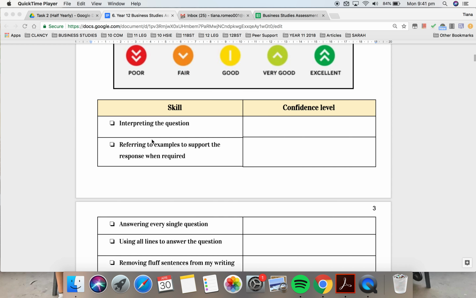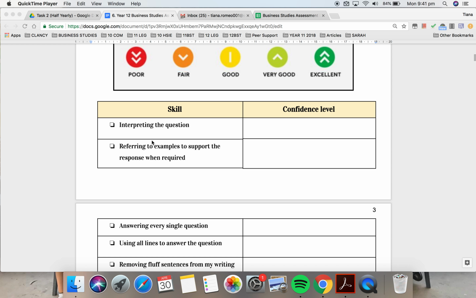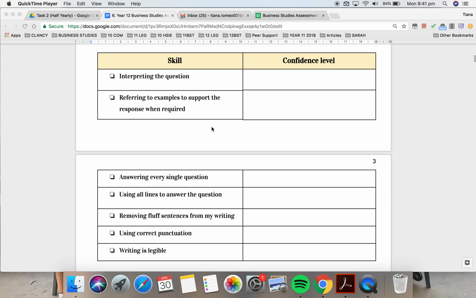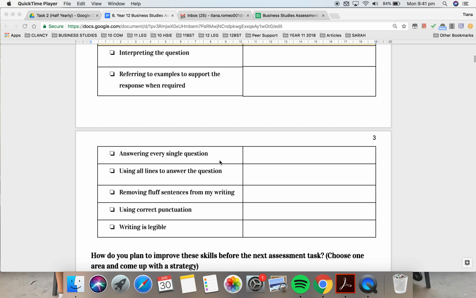Does your paper show an excellent level of confidence in interpreting the question? Does it show a good level of confidence in referring to examples when required? Do you answer every single question? Okay, so take some time now to pause the video, go through and respond to these questions.